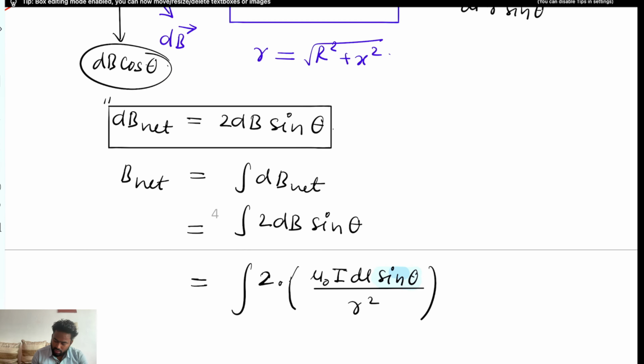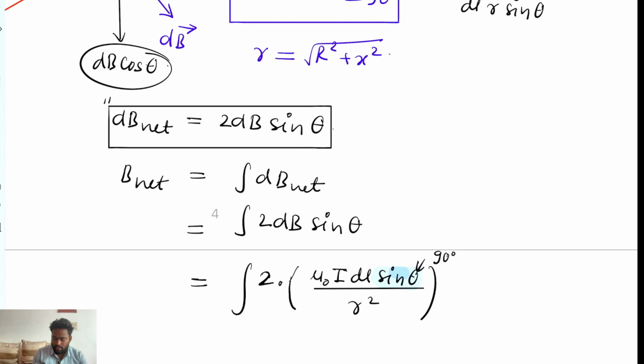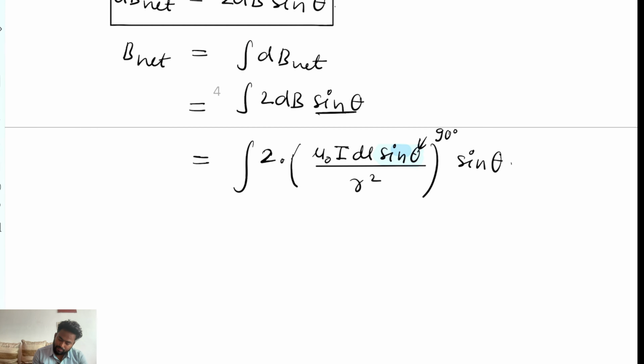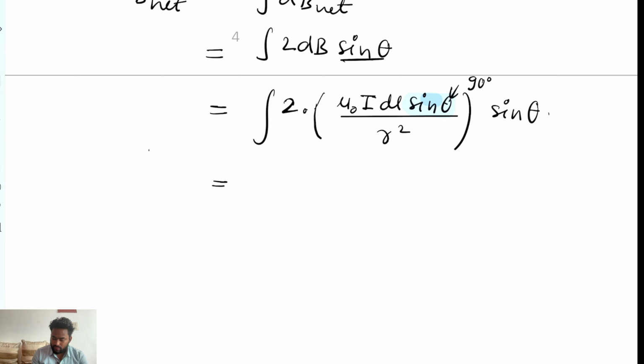So what I can do here, I can just mention it here. This theta is how much? 90 degree. And then outside sin theta we already have. Here 4 pi will also come. So mu naught I dl sin theta upon 4 pi r square.